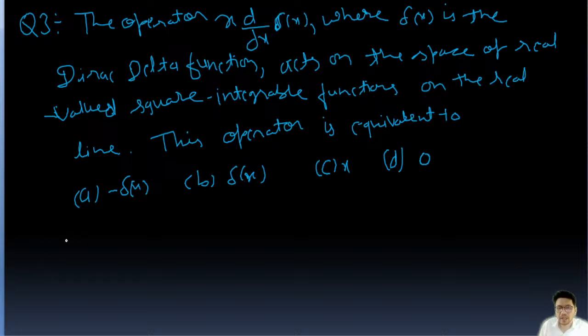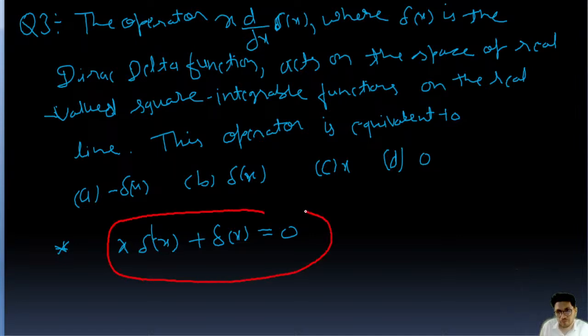So we know the Dirac delta property, guys. Here is a Dirac delta property we know, and if you don't know, then you need to know: x delta prime(x) plus delta(x) equals 0. A very important property, guys.